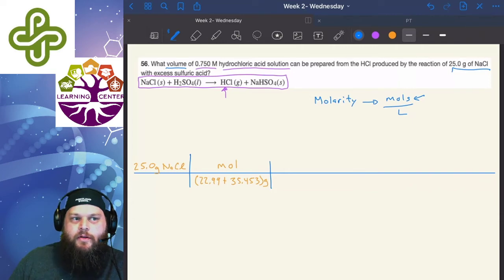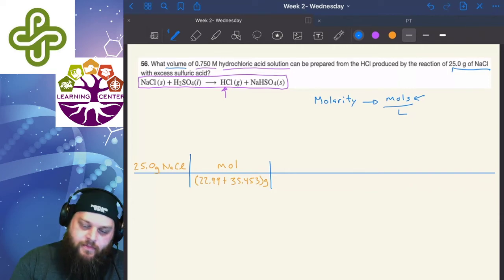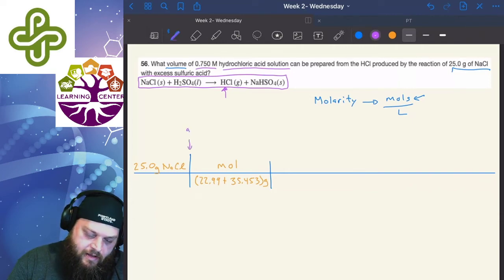So now we have to multiply by that molar ratio. So here we started out, we had grams of NaCl. At this point, we're left with moles of NaCl. We want to find how many moles of HCl. So we need to go through that molar ratio.